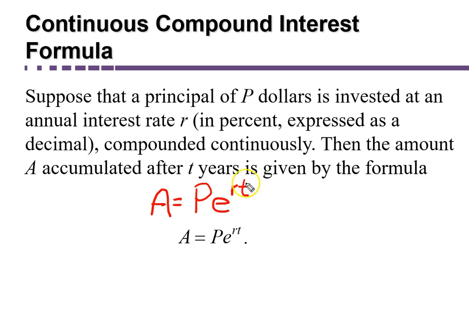Alright, so again, your exponent is going to be a little bit tricky here, but there's your formula. You'll have to find where E is on your calculator. And then it's raised with a caret. You put this usually in a parenthesis. Rate times the number of years. Okay, let's look at an example of this.